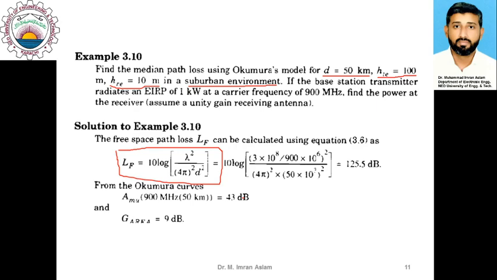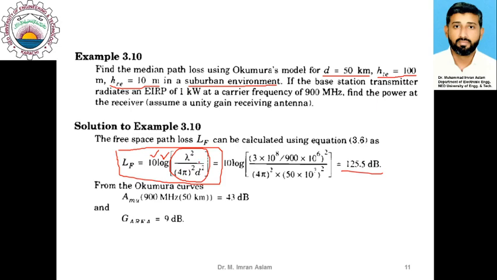We also discussed an alternate formula to calculate the loss in decibels directly, so you can take this formula. We have taken the log and multiplied by 10 in order to represent the entire thing in dB.